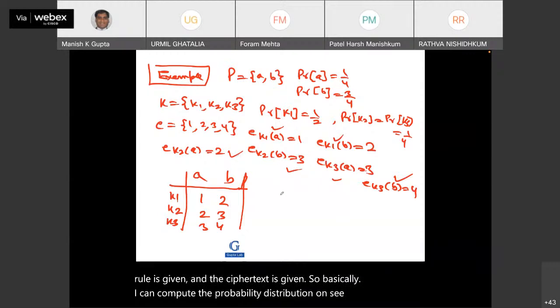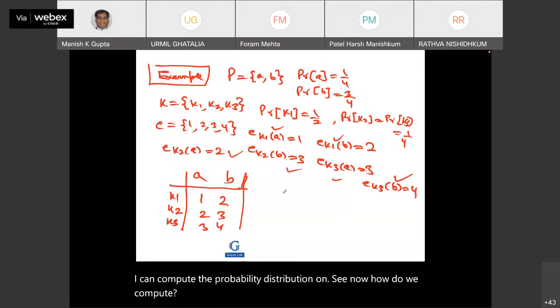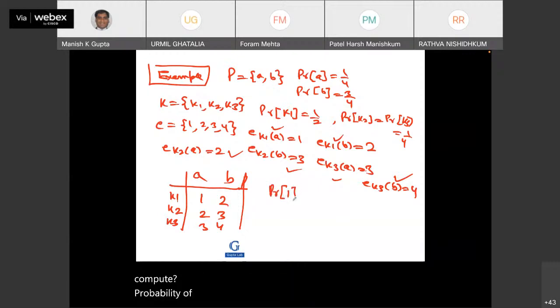How do we compute? The probability of 1, this element I am taking, will be what? We get 1 from e_K1 of A. So what is the probability of A?